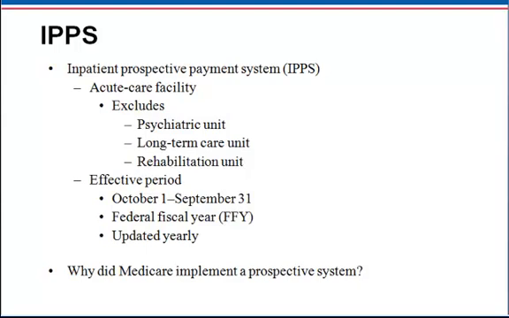So if a patient was admitted to a hospital, it wouldn't matter how long they stayed, how many tests were ordered, whether they were necessary or not. Medicare just paid those claims. So as you can imagine, costs skyrocketed. So this was really the government's initiative to try and control healthcare costs.